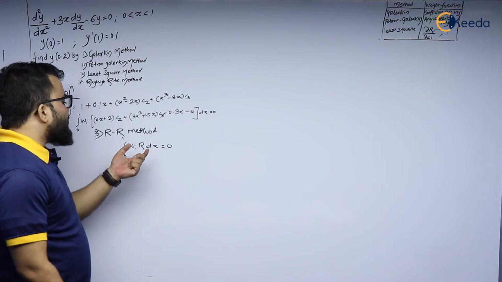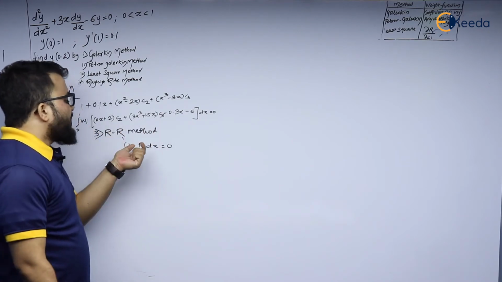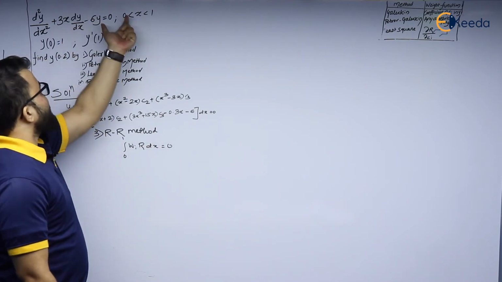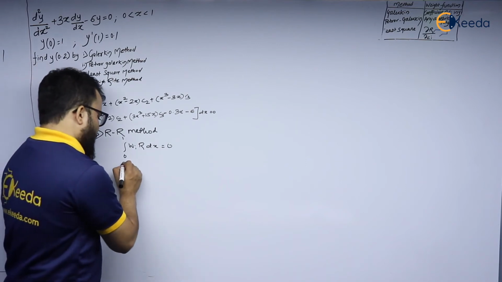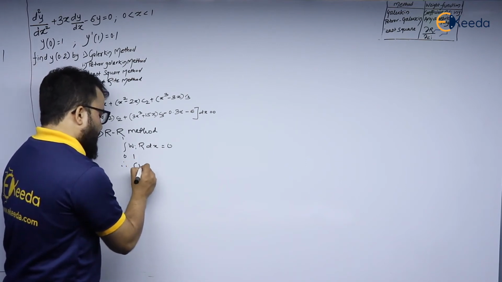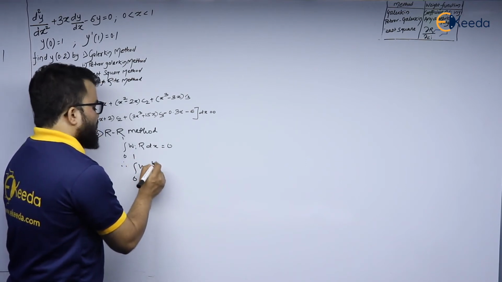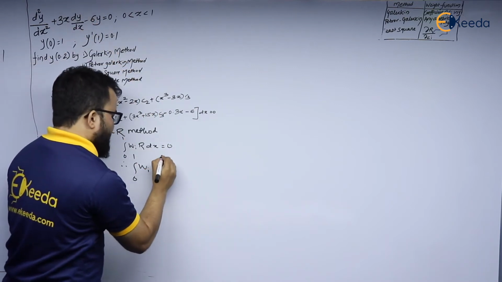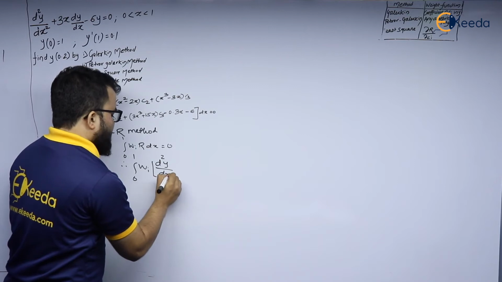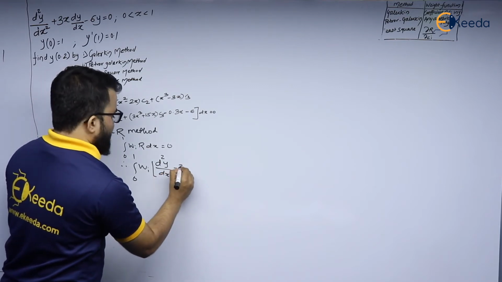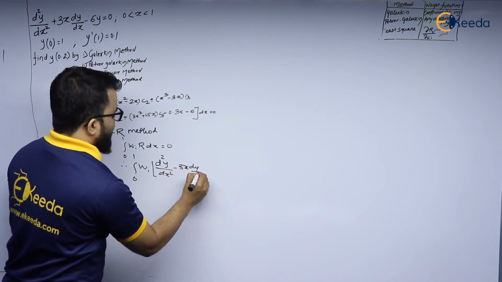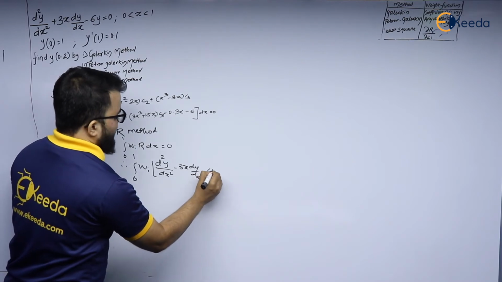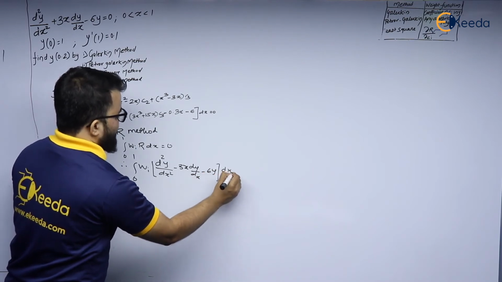So we will not use this residue equation, we will use only the differential equation for that. So this becomes integral 0 to 1 of Wi into r. In this case, r will be our differential equation: d square y upon dx square minus 3x dy by dx minus 6y equals 0.